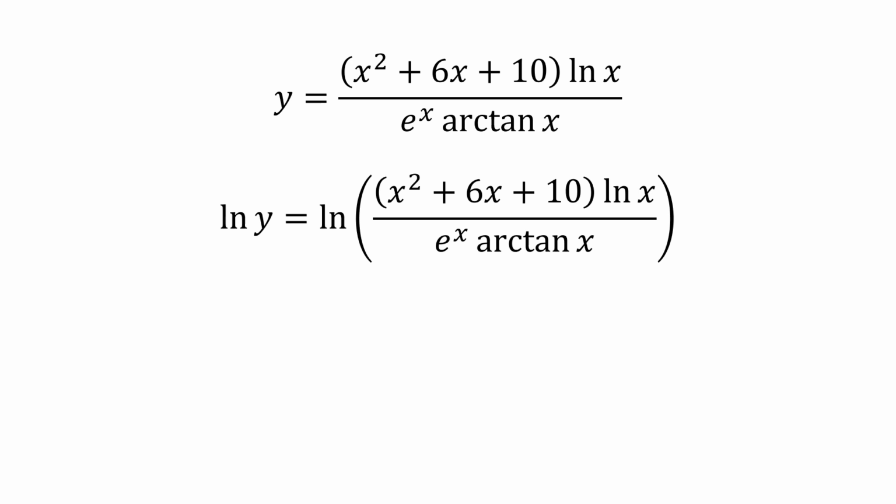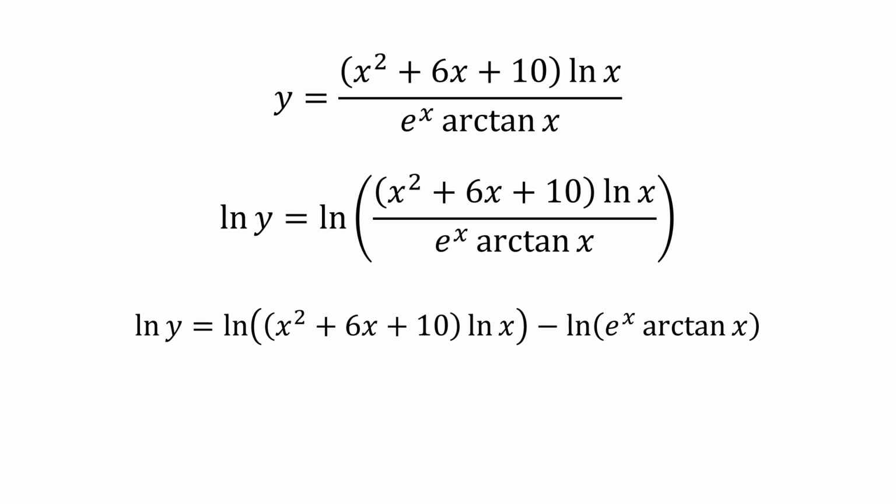We can now rewrite the right-hand side using logarithmic identities. This gives us ln y equals ln of (x squared plus 6x plus 10) times ln of x, minus ln of e to the x times arctangent of x.